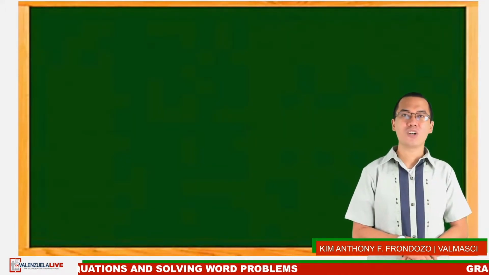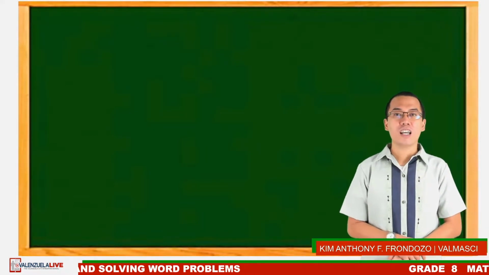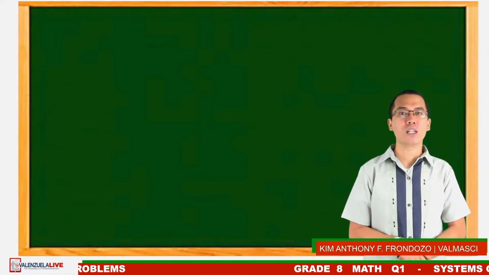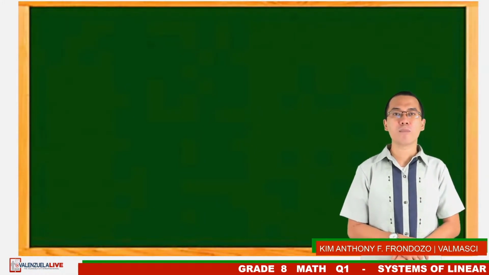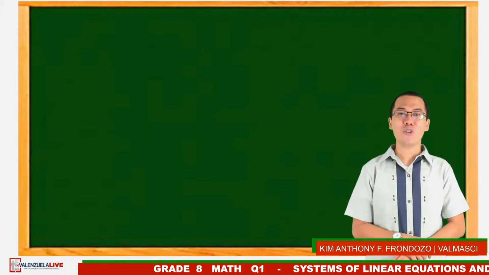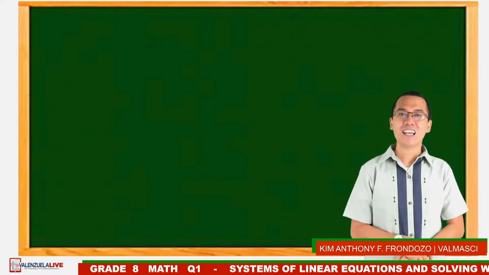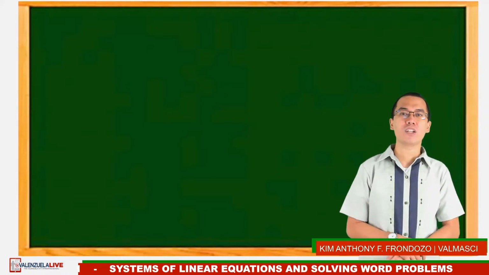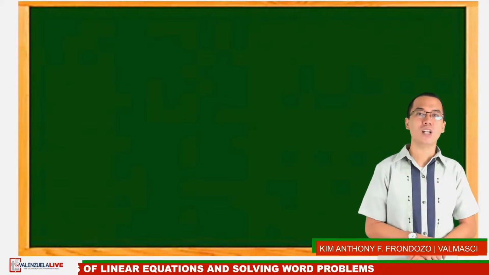For the next question, according to the learner, is there any other method on how we can solve systems of linear equations aside from the three methods you discussed? Thank you for that very nice question. Yes, there is another way to solve systems of linear equations, and it is by Cramer's rule.